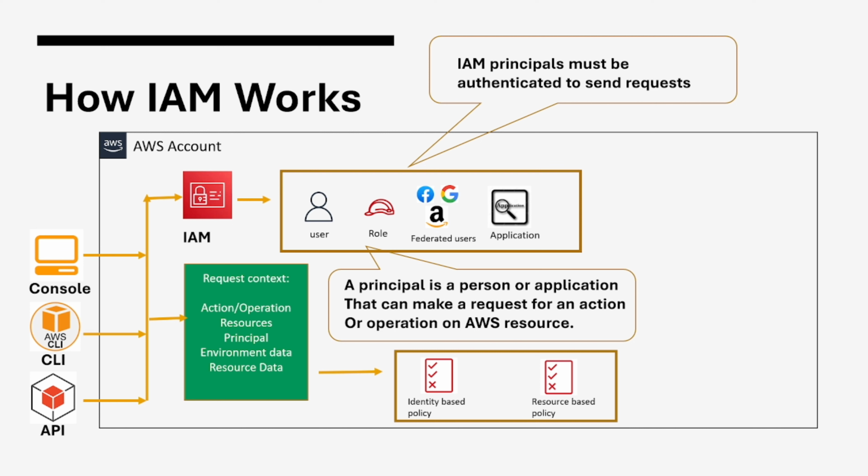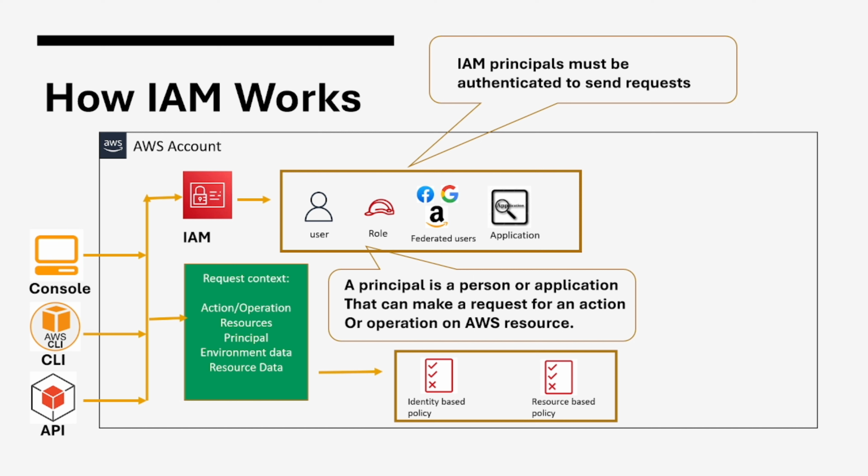Suppose I am a user and I want to create an EC2 instance. I attempt that action and my request context is created. Now that request context will be compared with these policies.